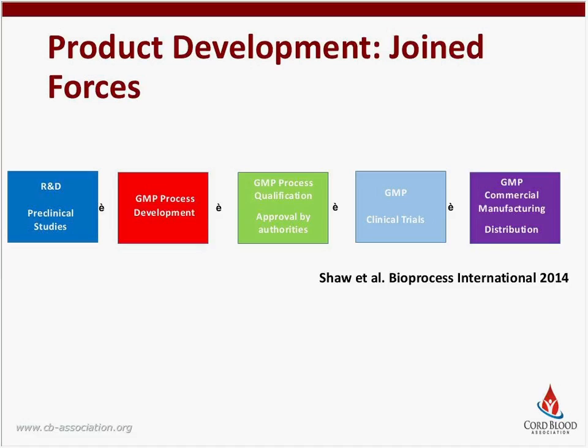And the best way to approach the development for a cord blood will be speed to the market and great operational efficiency, and of course also the reduction of risk, both operational, financial, and for the patient.